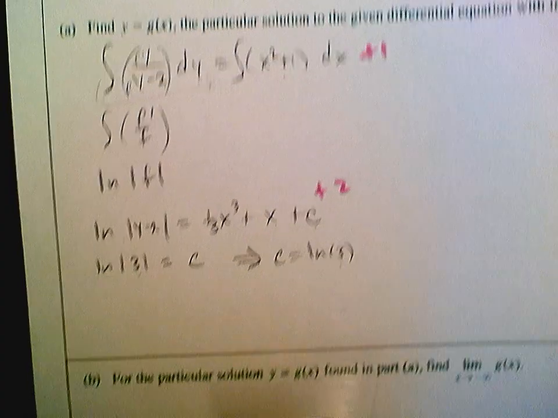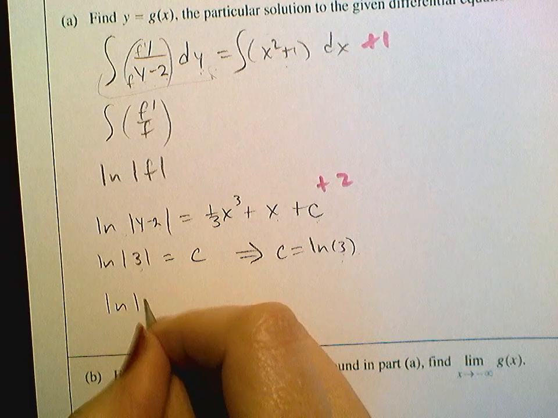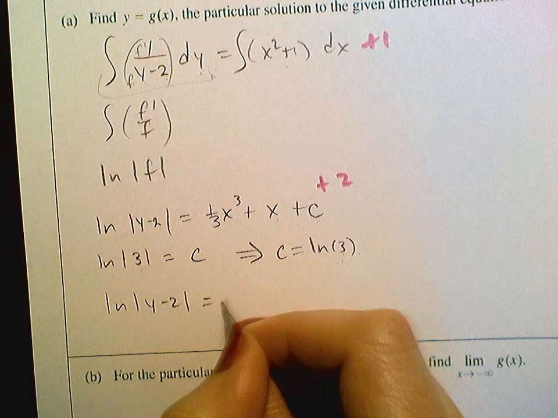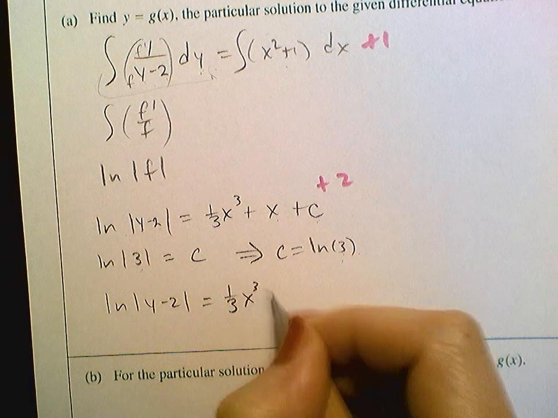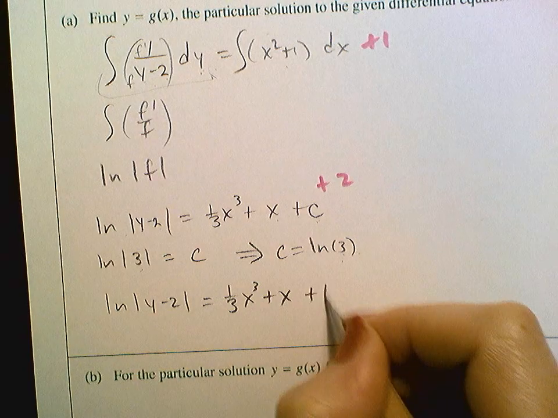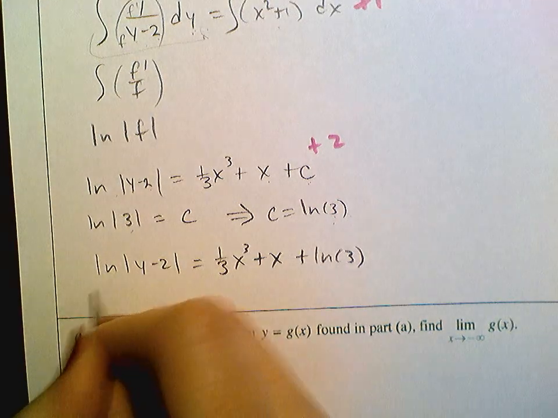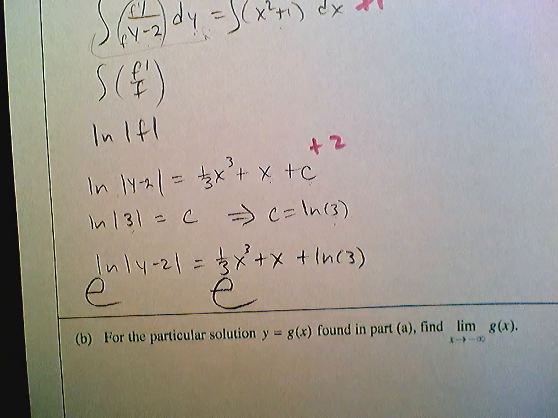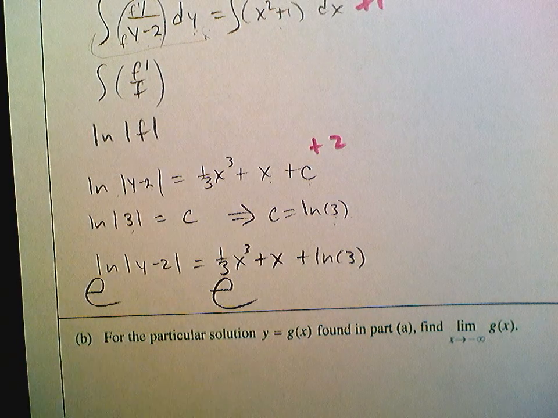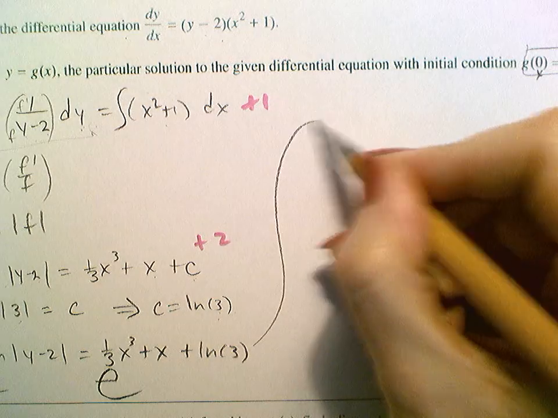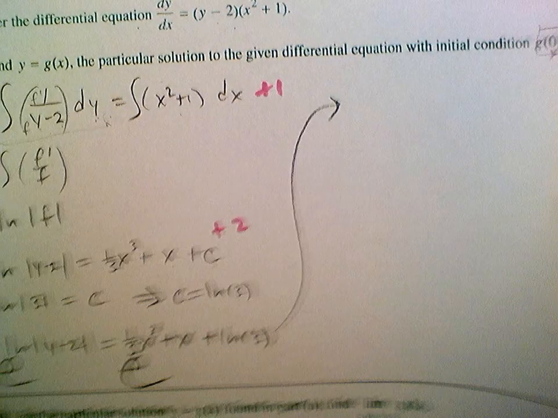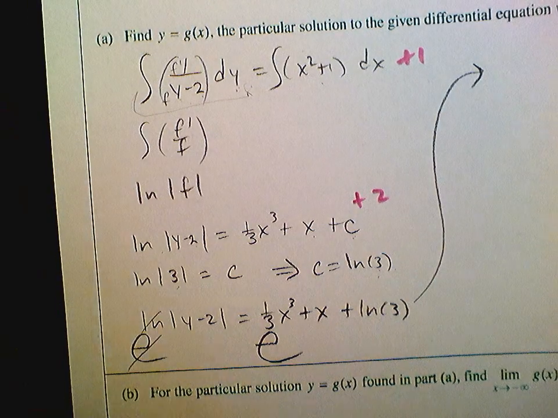Okay, so then we've got natural log of y minus 2 equals 1/3 x to the third plus x plus the natural log of 3. And then you put a base of e on both sides. And e and natural log cancel out.